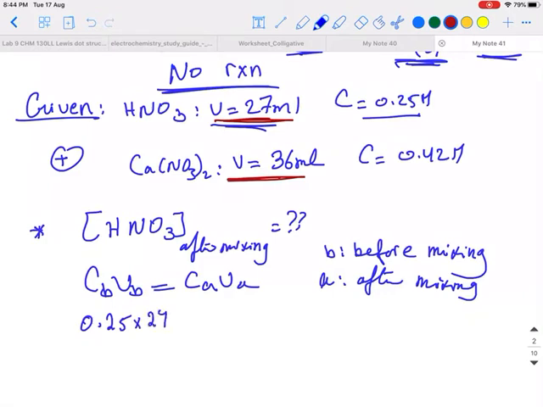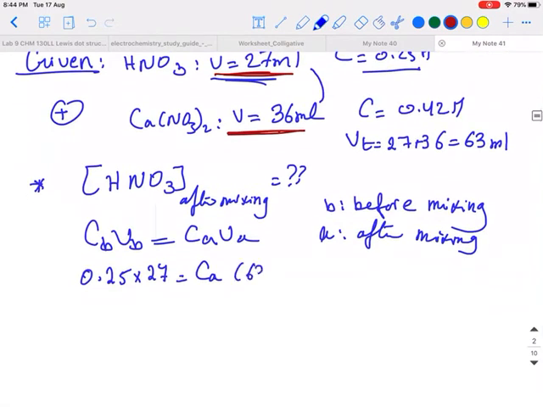The volume before mixing is 27. The concentration after mixing is the variable I need to find, and the volume, I will assume additive. So the total volume is 27 plus 36, which is 63 milliliters. Upon doing the simple calculation, the concentration up to 3 significant figures will be 0.107 molar.